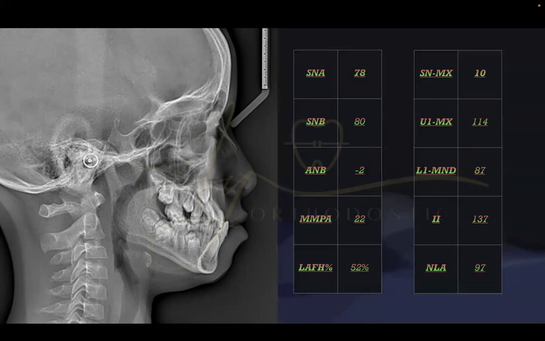Okay, what is class 3 incisors? If the lower incisor relation is ahead of the centroid of the upper incisor. When the lower incisor what? Cingulum or centroid. Centroid also, I've read in some books.